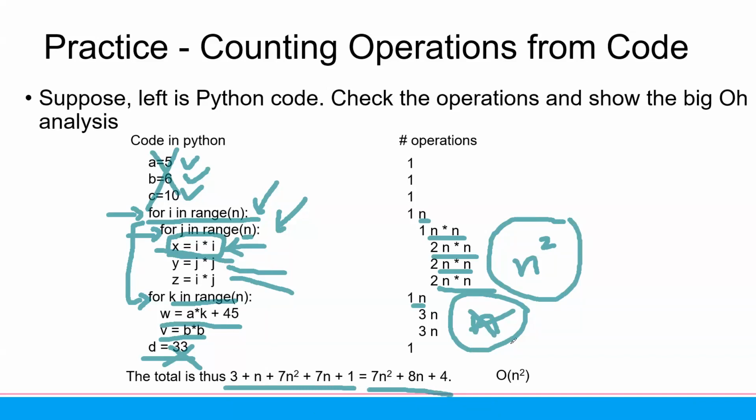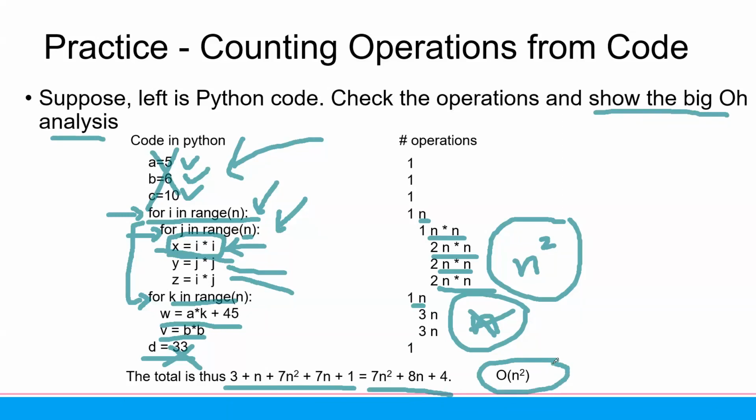But at the end, when you need to write the big O analysis, if I give you this code and ask you to show the big O analysis, you can just show this one: O n power of 2.